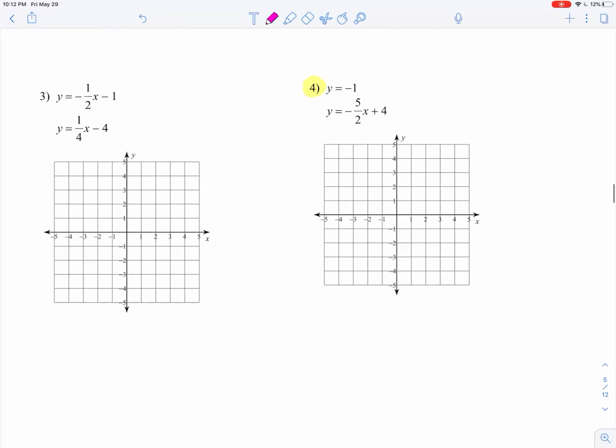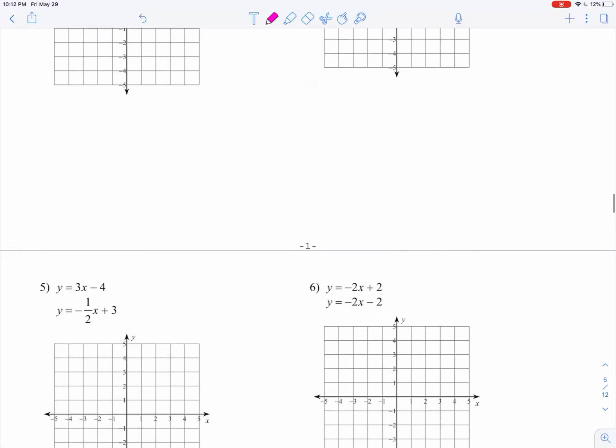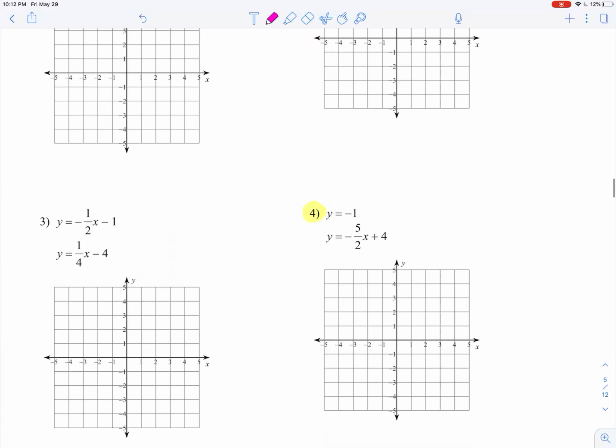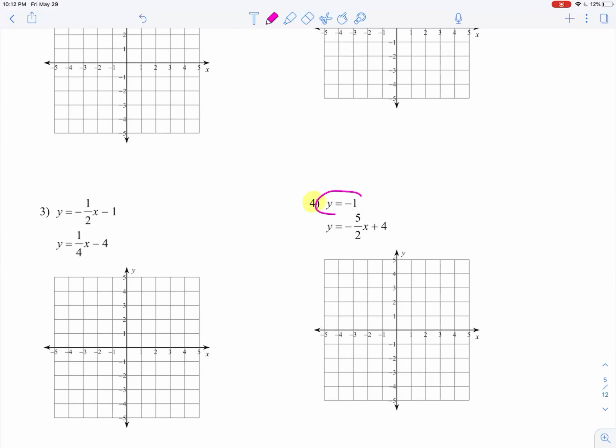With graphing, really the tricky ones I felt I needed to review with you guys were number 4 and number 7. The reason for number 4 is because of this first line here. We didn't really get to talk too much about horizontal and vertical lines, but this first equation says y is equal to negative 1.